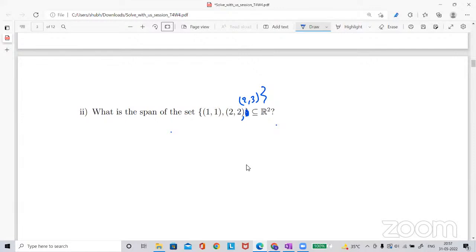So again, what is the definition of span? Span says the collection of all possible linear combinations. Okay. So the question is, what is the span of this? R2. Okay.